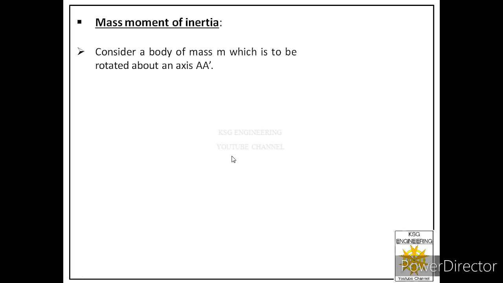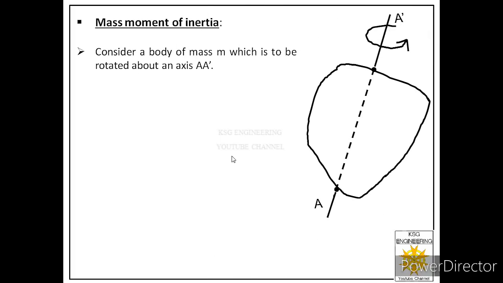Let us understand this through an example. Consider a body of mass m which is to be rotated about an axis, let us say AA dash. So over here one body is shown, and let us say we want to rotate this body about this axis AA dash. So we will call this the axis of rotation, and its direction is also shown.